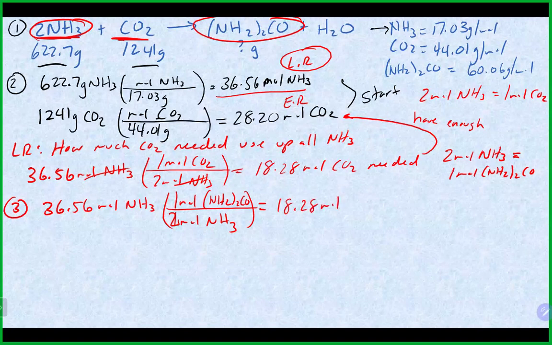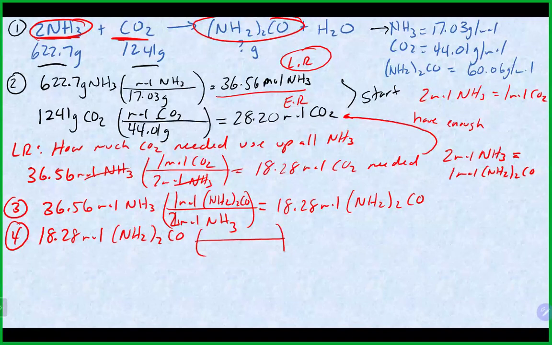And lastly, in this case, we're not looking for moles of our product, but we are looking for grams. So we will do our 4th step, which is 18.28 moles of our product. Once again, if it was not given to you, you would go to the periodic table to figure out the molar mass. But in this case, it was given to you as 60.06 grams per mole. Those will cancel.